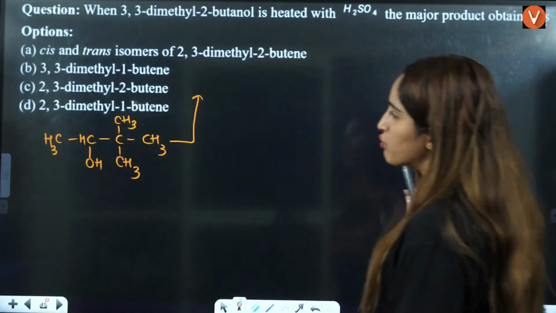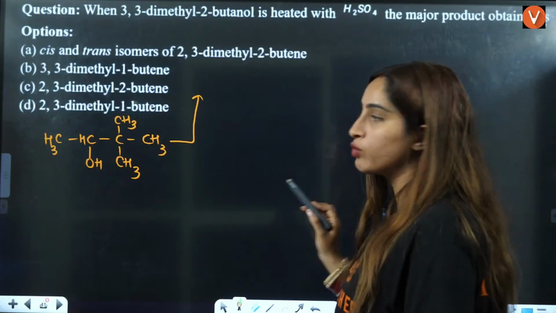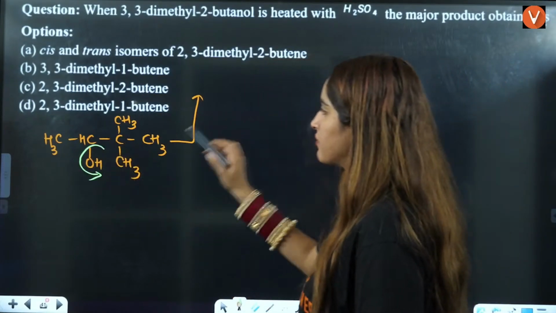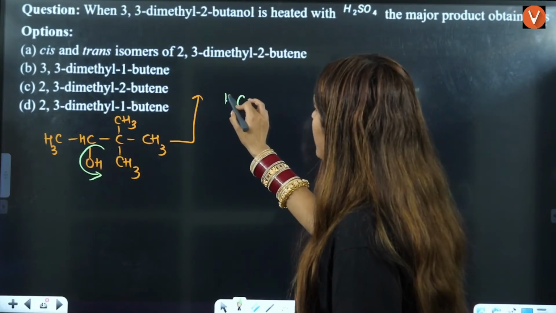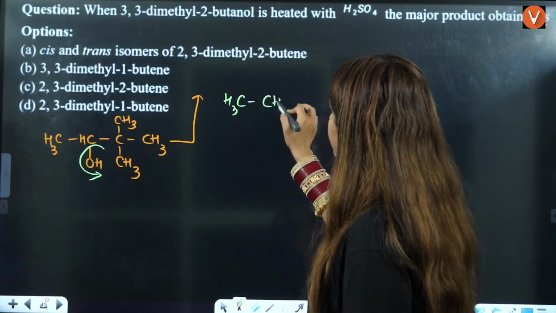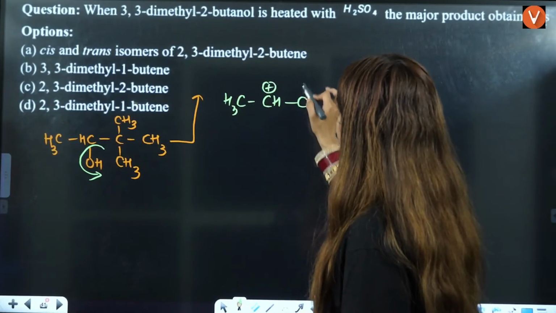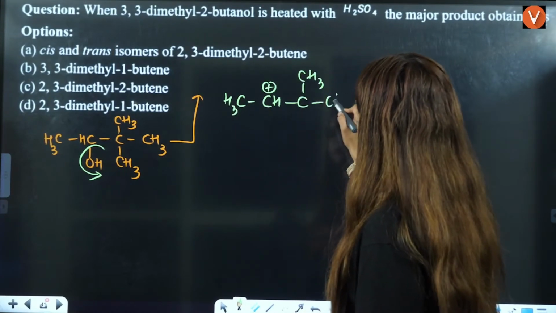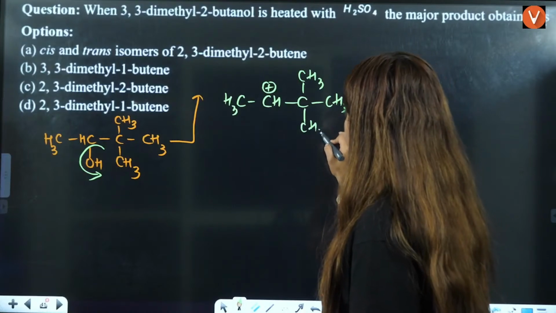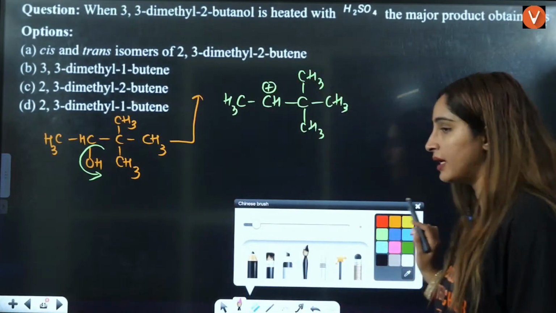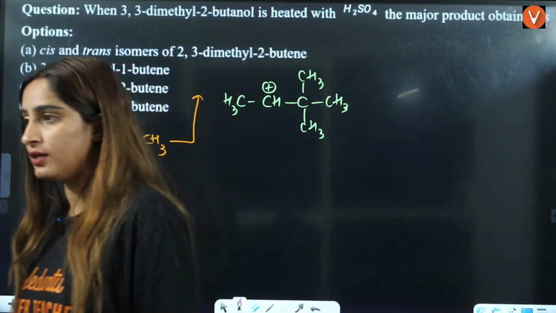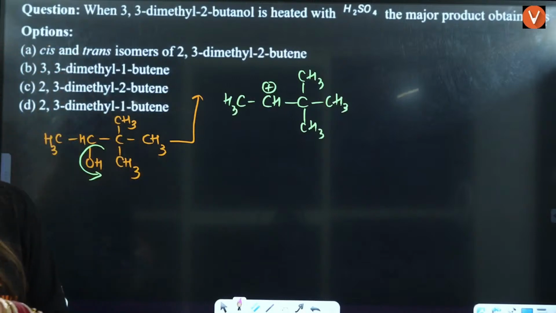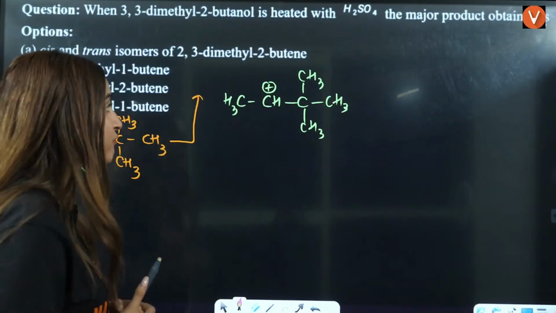H2SO4 means it is going to lose H positive. It is going to lose OH negative. Dehydration will be there. So it is going to form a carbocation, that is CH. This is positive. This is C(CH3)3. Now, how many of you can answer me that whenever you have a carbocation, you have the rearrangement.